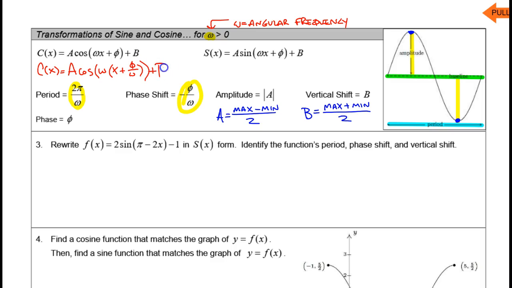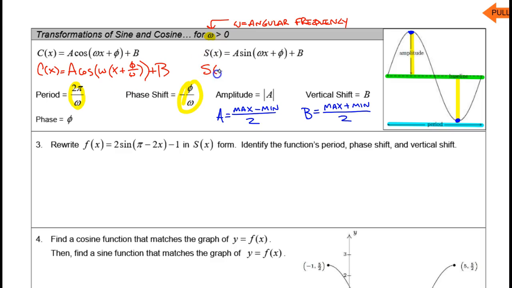When I factor out an omega, I get omega as a multiplier, and then I get x plus phi over omega. Well, phi is the phase shift. It basically describes the horizontal shift left or right of our function, and that phase shift is the opposite of phi over omega. And in a second, I'm going to show you how that connects to things we've done before with transformations of functions.